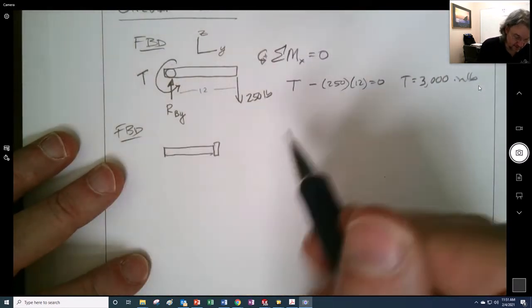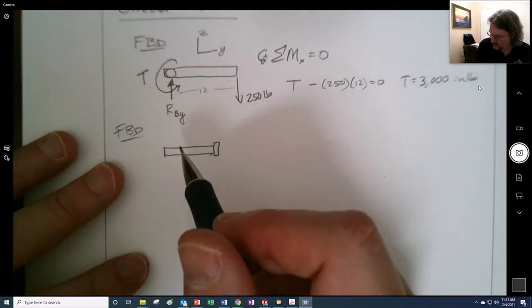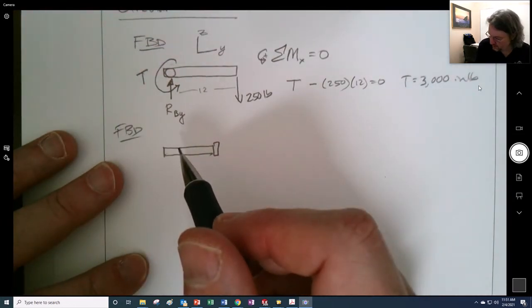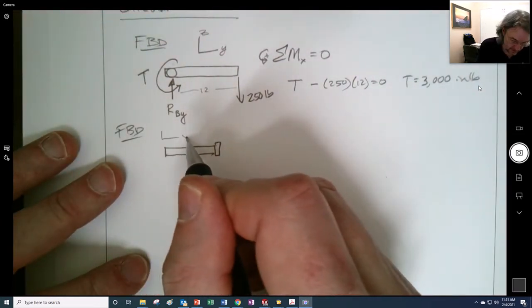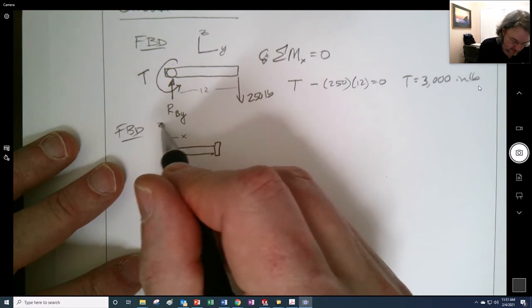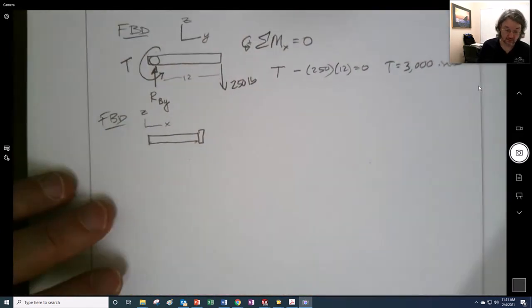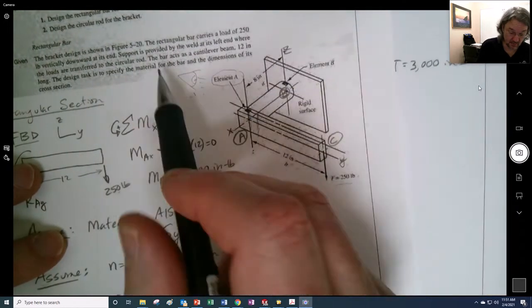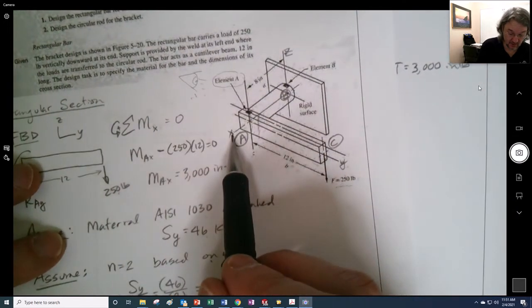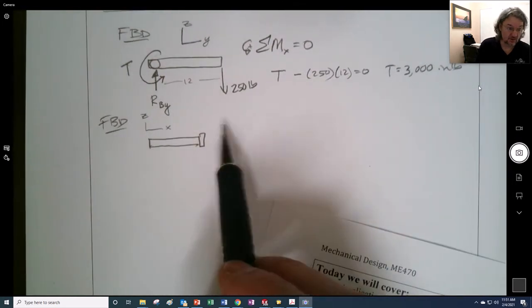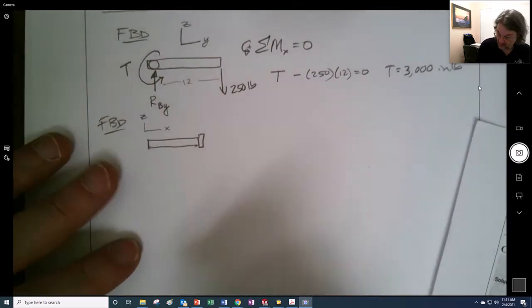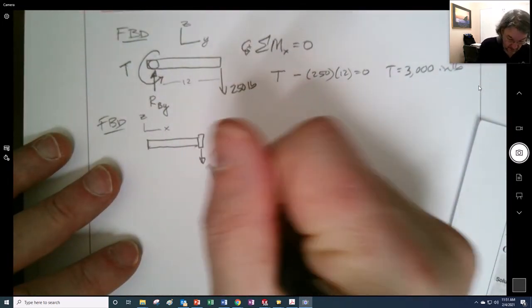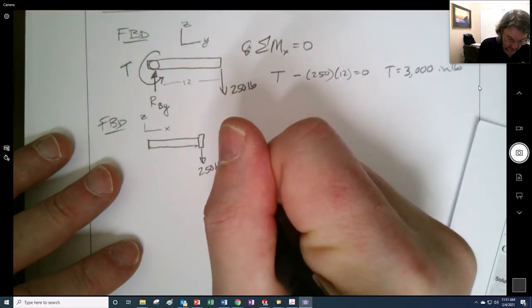FBD, we're declaring that it's an FBD, and if I'm looking at it that way, this is the X direction and this is the Z direction. Recognize that's the x direction, z is up. We're looking from that direction, so that x goes to the right over there. And this load is now right there, 250 pounds.